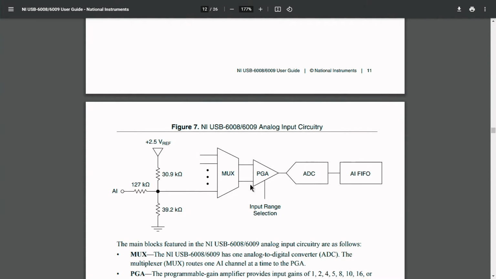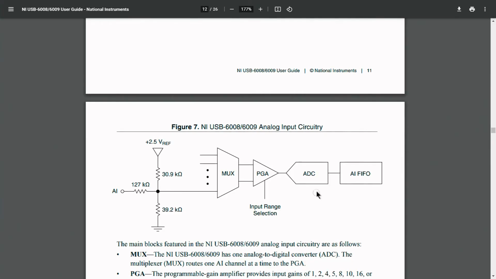PGA indicates programmable gain amplifier. It is a differential programmable gain amplifier, where we can select different gains. Either we can use an external gain amplifier to set the gain, as we discussed in yesterday's class, or we can use a software based gain setting, where based upon the gain we require, the software will select a proper resistor to connect as feedback.